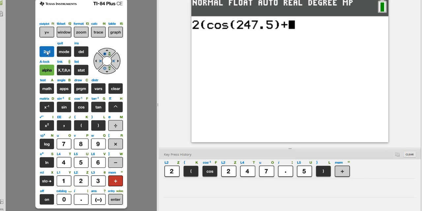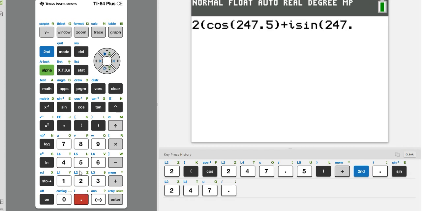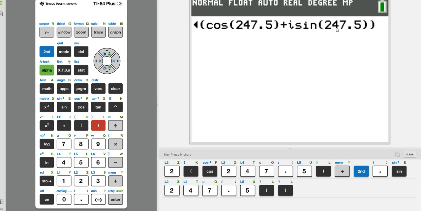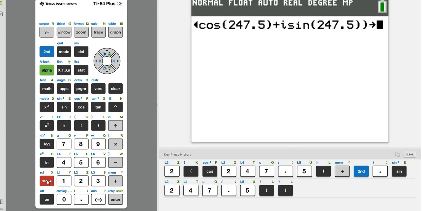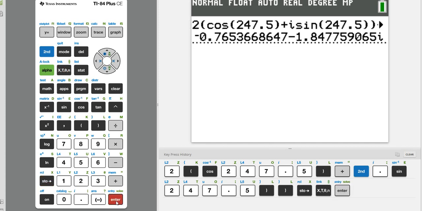Now i, you can find by hitting the second key, then the decimal. That gives you your i. Close parenthesis for the sine, close parenthesis for this complex number, so that it gets multiplied by 2. And do yourself a favor, hit the store key and store that in X. That's going to give us a way to check our answer.